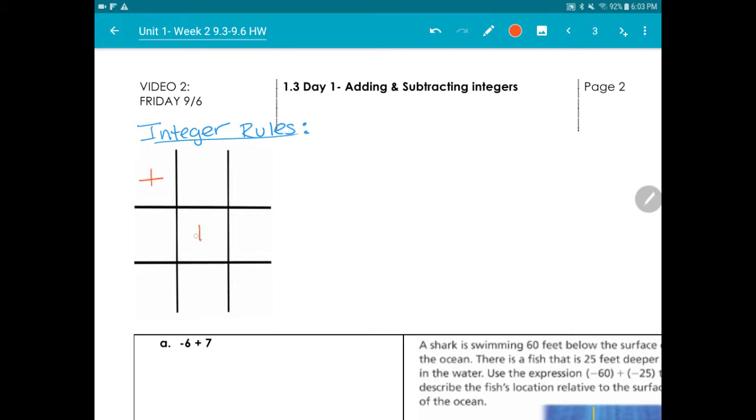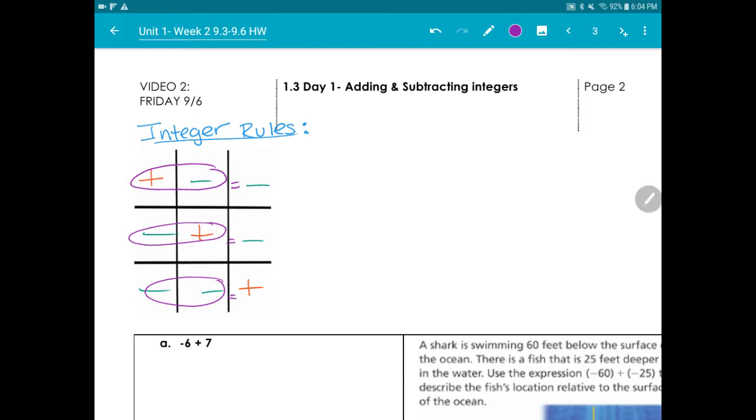So here's my little tic-tac-toe board. I'm always going to put it with my diagonal being my plus, and everything else being my minus. And what this means, how I read it, is if I have a problem with a negative and a positive, that is going to equal a negative. If I have a negative and a positive, it equals a negative, and two negatives make a positive.